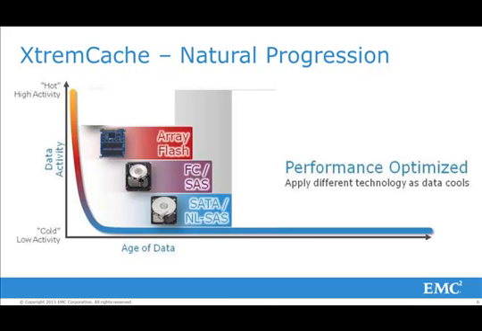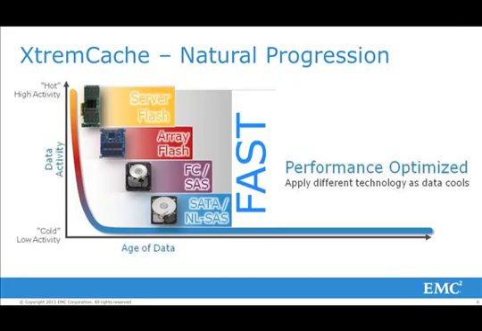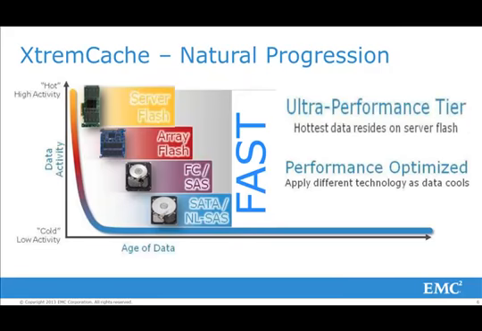However, all of that has always been at the end of a storage communications medium and protocol such as Fibre Channel. Well, XtremCache promotes the hottest data to be stored right with the server flash. So it's just a complement to fully automated storage tiering. What you end up with is an ultra performance tier. The hottest data resides on the server, and with modern servers, that's really where the data belongs.